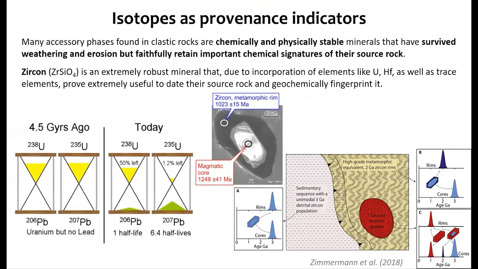So you can get quite complex grain histories preserved through the use of these cathodoluminescence images. We can start recognizing not just maybe that it's come from an igneous rock with a certain age, but you might be able to say, okay, well, it's come from an igneous rock of a certain age that was influenced by metamorphic processes at this later age.